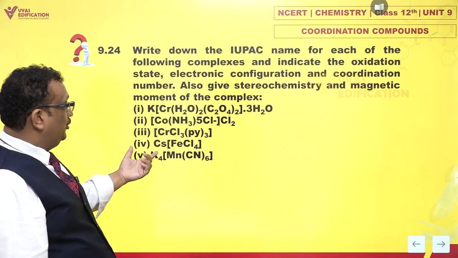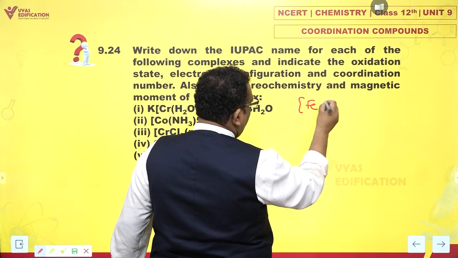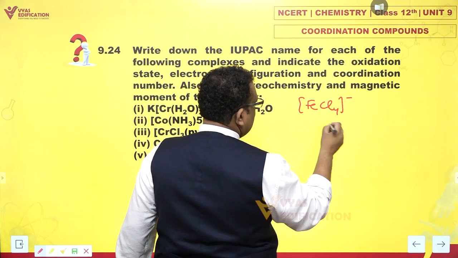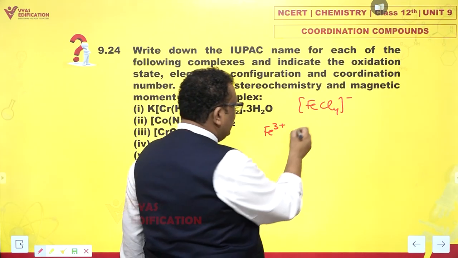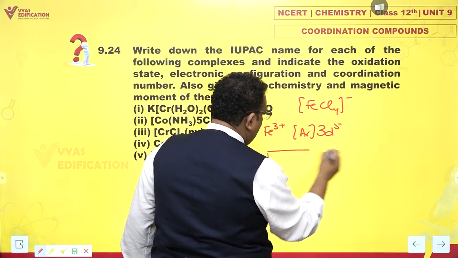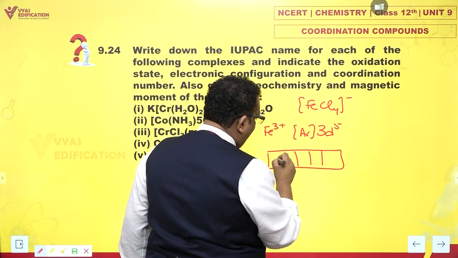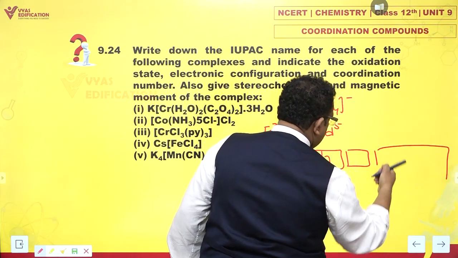If you look at the fourth part, CsFeCl4, the complex part is FeCl4 minus. It contains ferric ions, and ferric is argon 3d5. Chloride is a very weak field ligand, and d5 itself is a beautiful configuration.